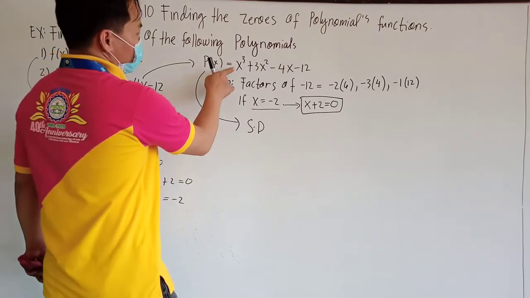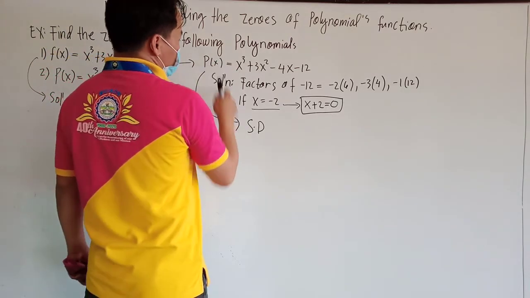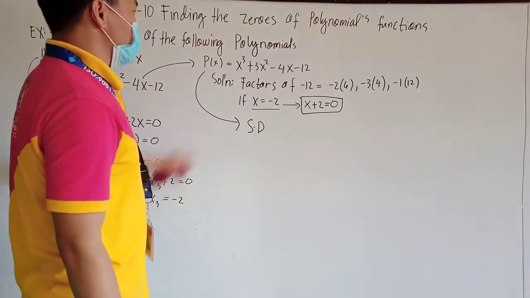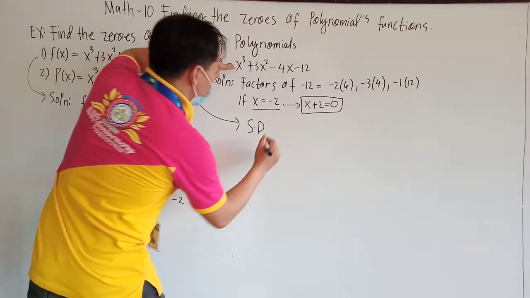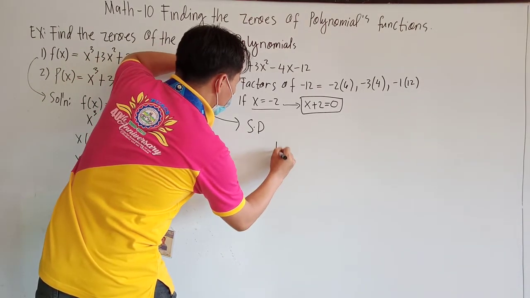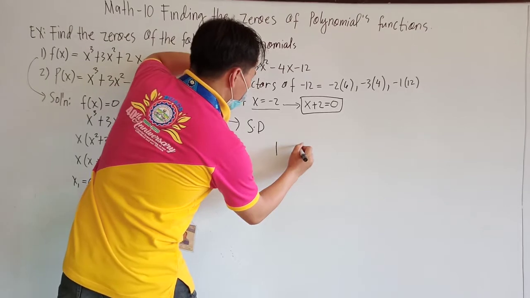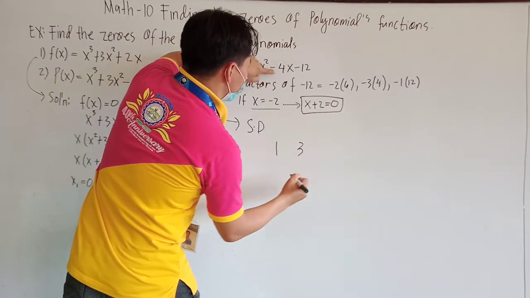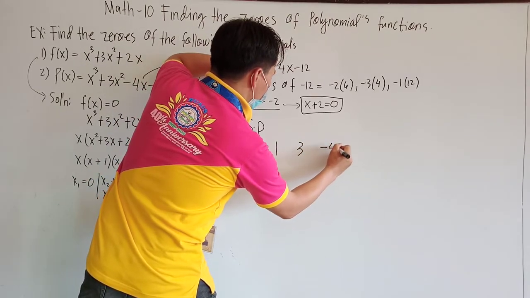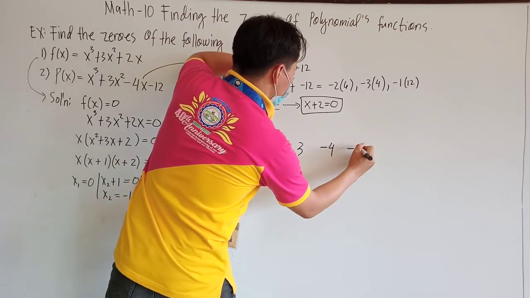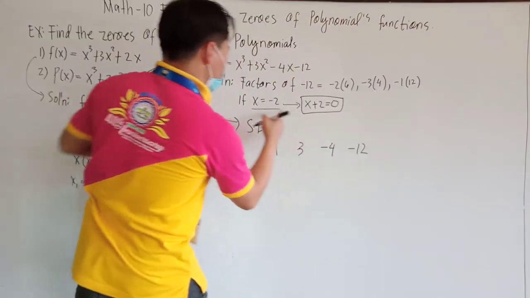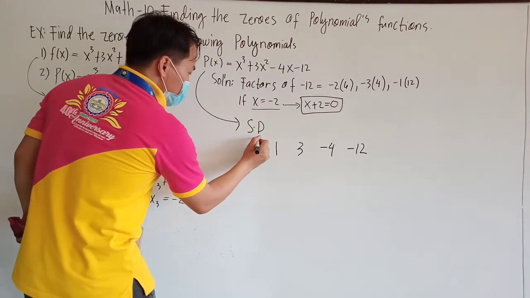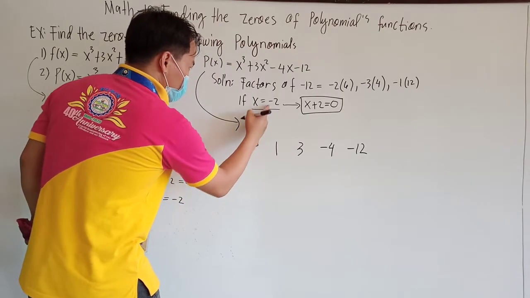So, let us now identify the coefficient of each term of this given polynomial. The first value is 1. Next is 3. Next is negative 4. Next is negative 12. This one we will put into the box: negative 2.